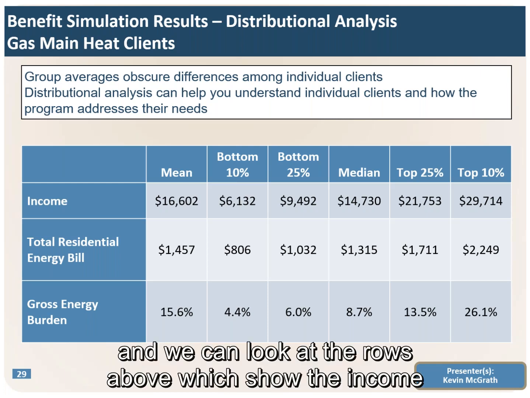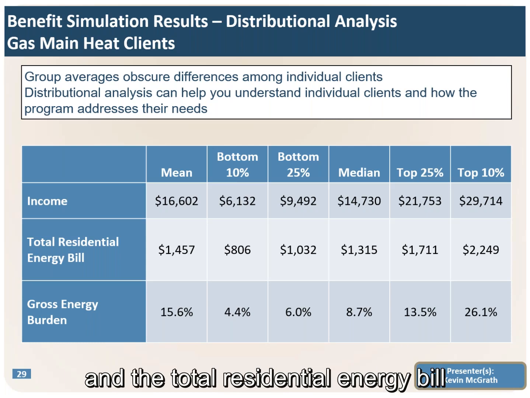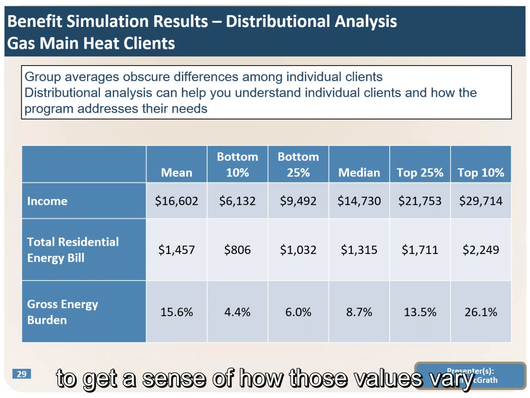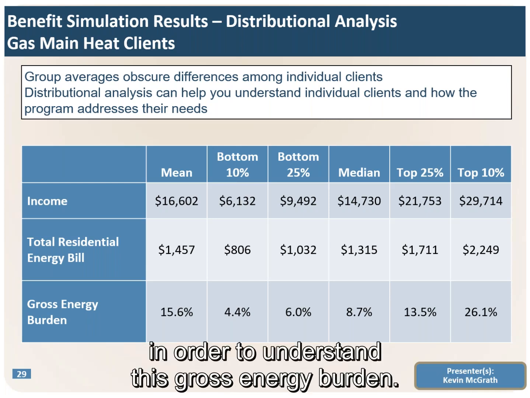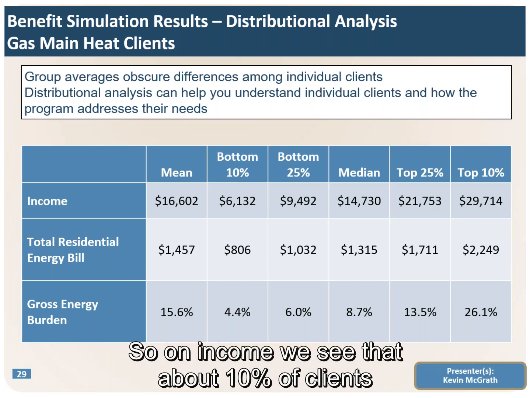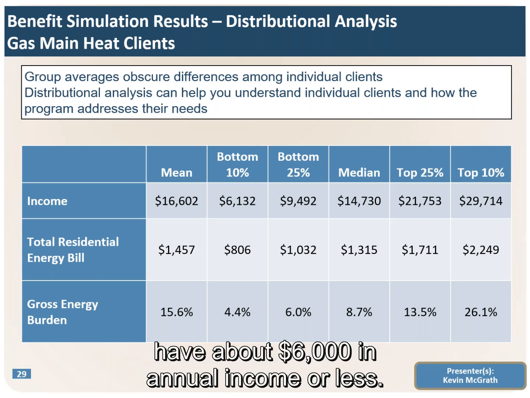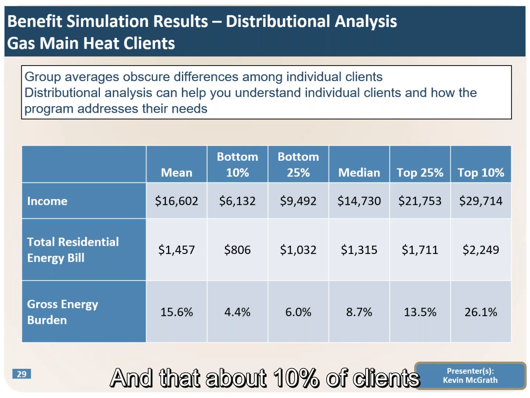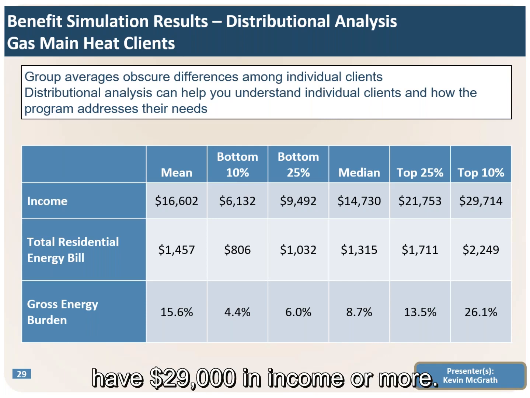And we can look at the rows above, which show the income and the total residential energy bill, to get a sense of how those values vary in order to understand this gross energy burden. So on income, we see that about 10% of clients have about $6,000 in annual income or less, and about 10% of clients have $29,000 in income or more.